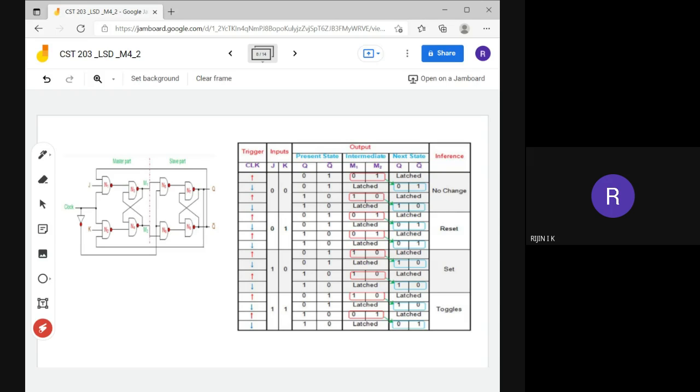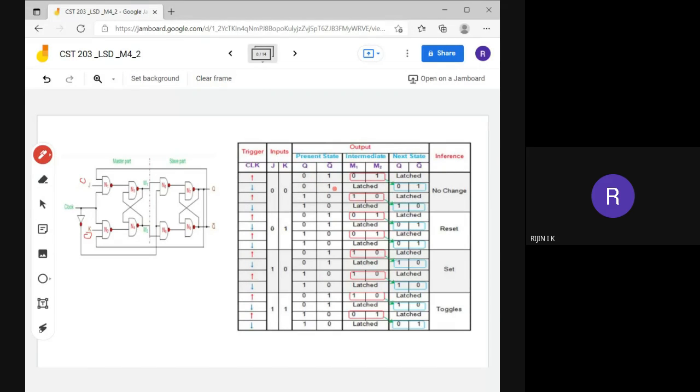Suppose we give the input 0 0, that is J equal to 0 and K equal to 0. In that situation the present state may differ. If J and K are 0 0, then the present state may be 0, so let us consider that. When the present state is 0, then Q bar will be 1.